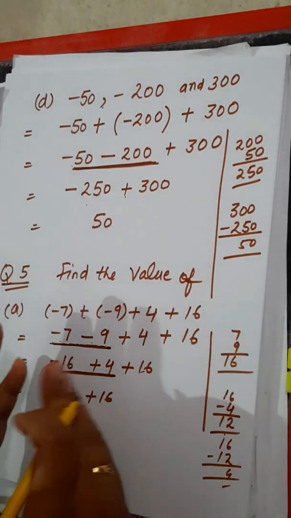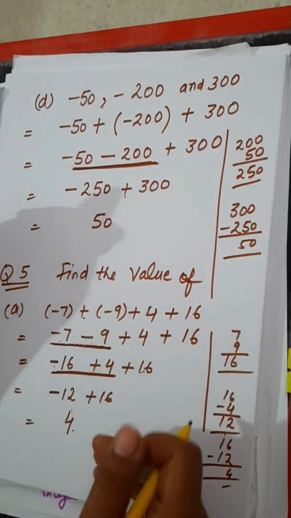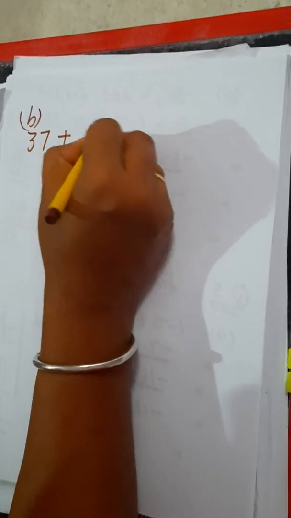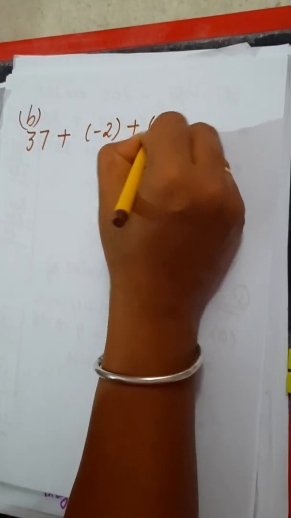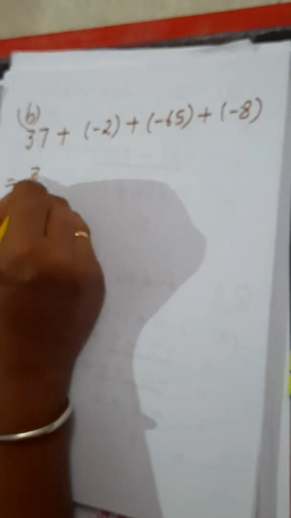If in case you have more than 2 or 3 values, just solve the first 2 values, then copy down the other, then solve. So this is A part. The next we have B part, that is 37 plus minus 2 plus minus 65 plus minus 8. So here I will solve the bracket first.